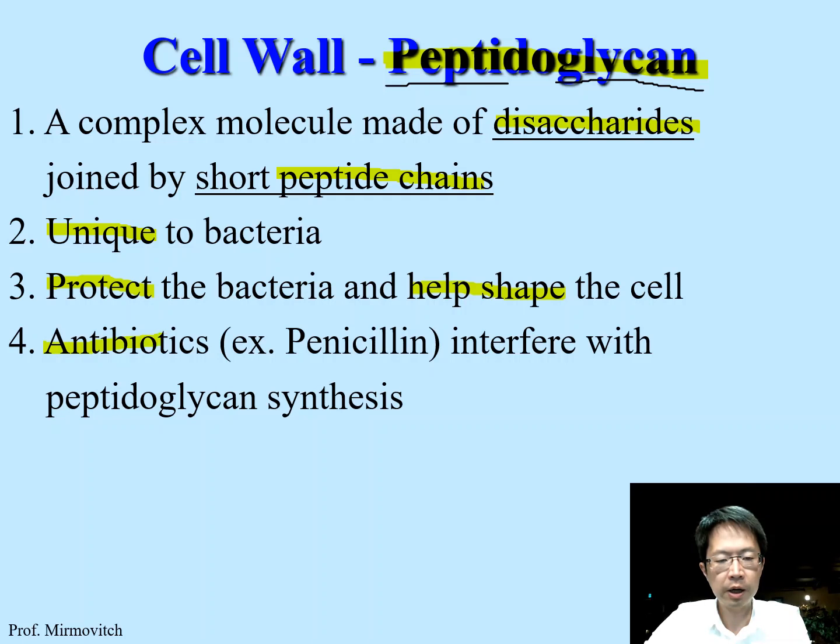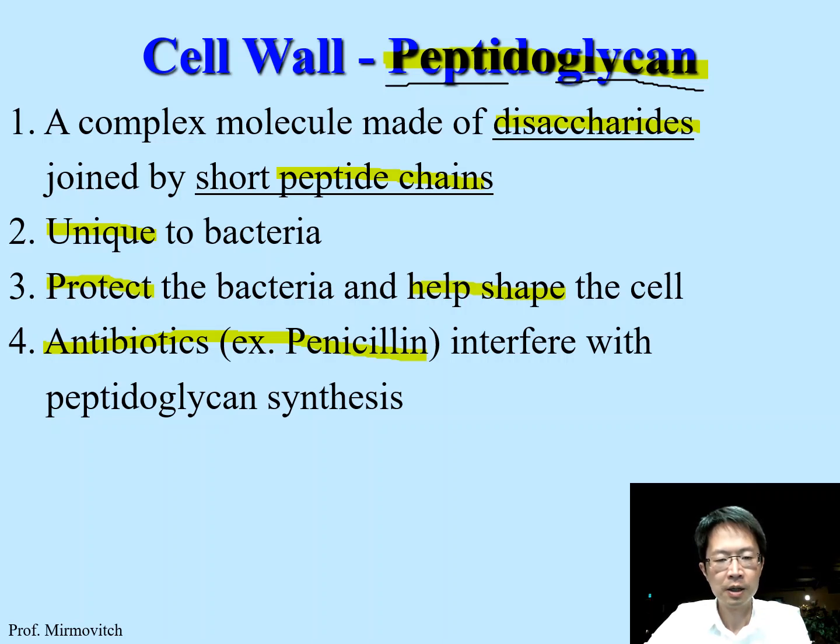So antibiotics like penicillin interfere with peptidoglycan synthesis. As a matter of fact, a lot of different types of antibiotics interfere with protein synthesis in general. They stop the protein synthesis in a cell so that it can kill the cell.